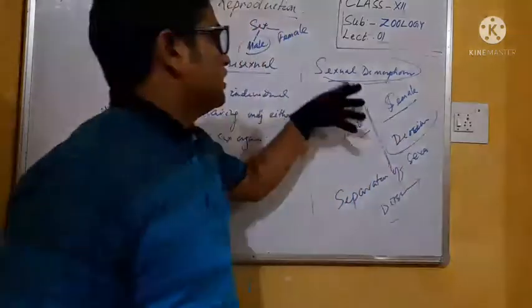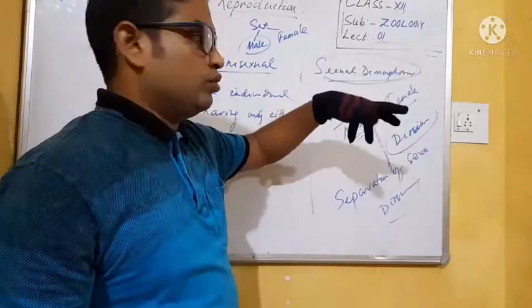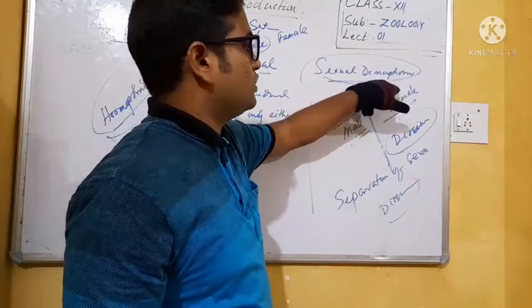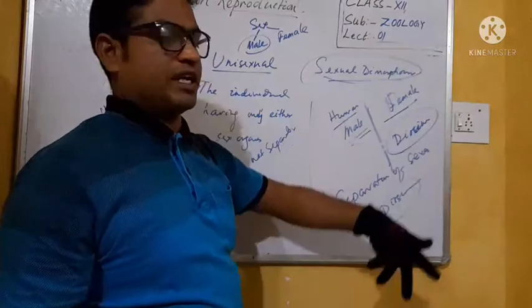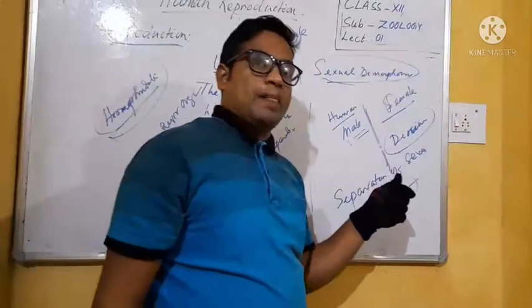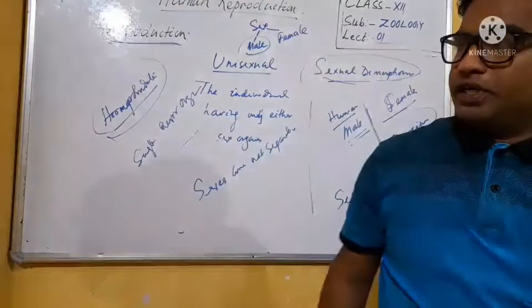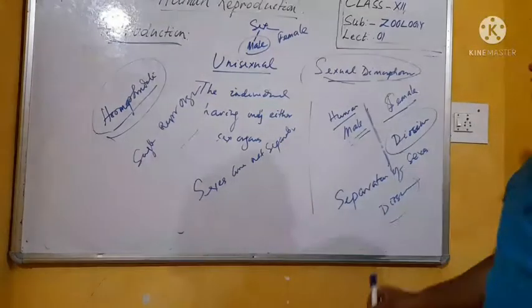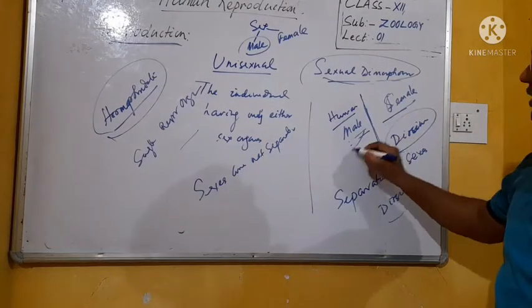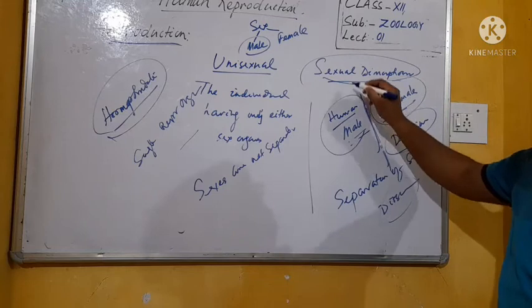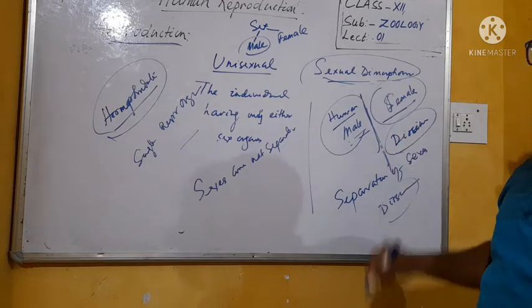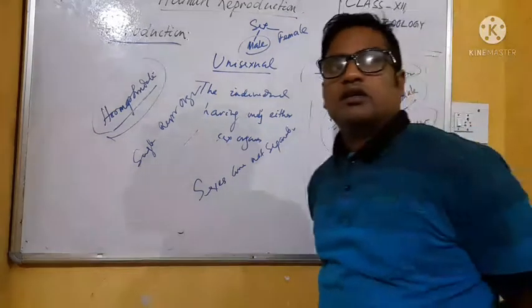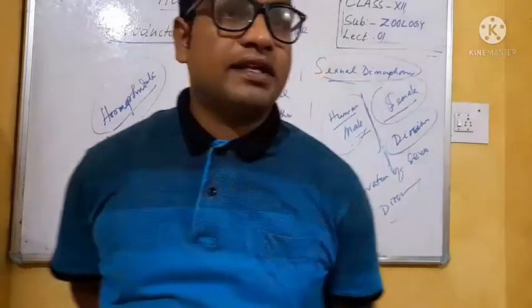Di means two, morphism means morphological characters. Students, we have seen that different morphological characters are seen in human beings, male and female. Can male look similar to female?